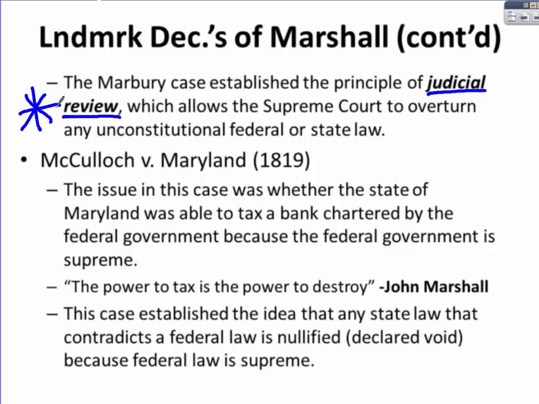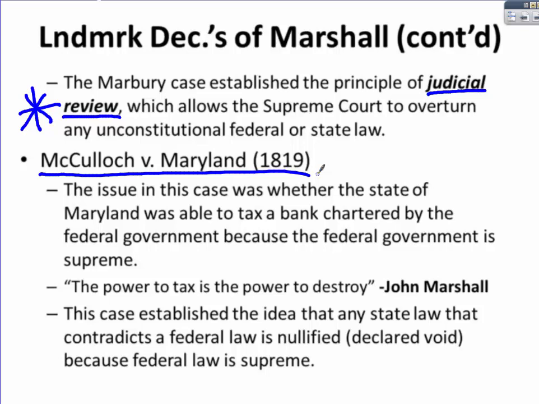The next Supreme Court case to know, McCulloch v. Maryland in 1819. The issue at hand in this case was whether the state of Maryland was able to tax a bank chartered by the federal government, because the federal government is supreme to the state governments. In his majority opinion in McCulloch v.